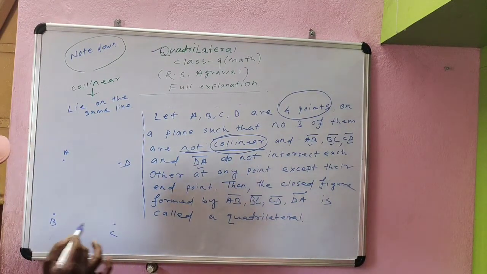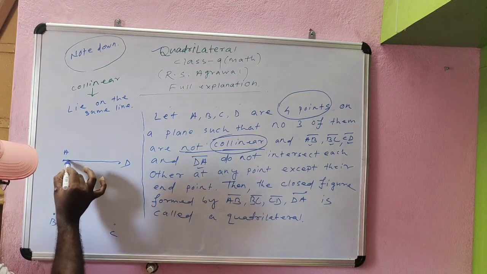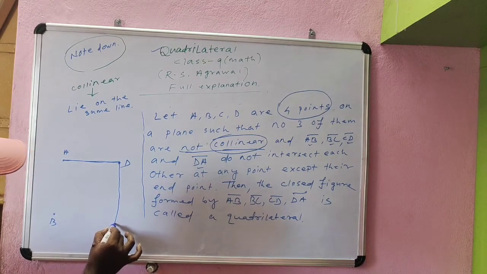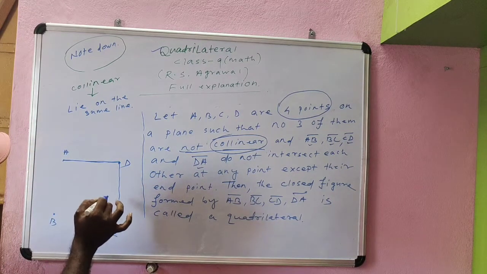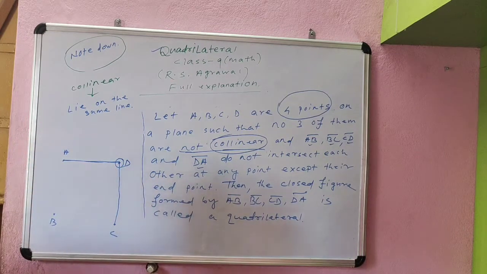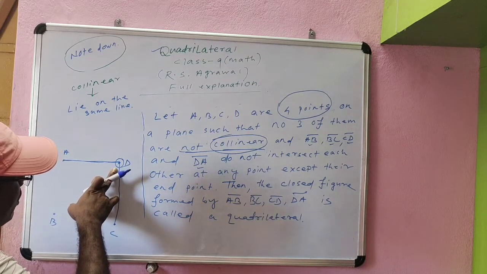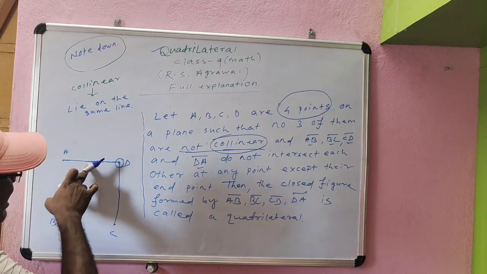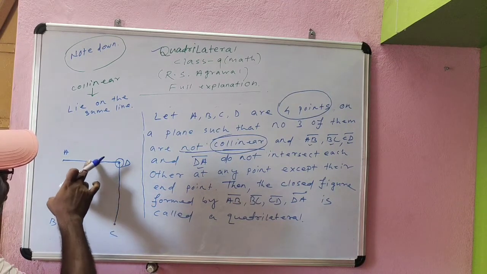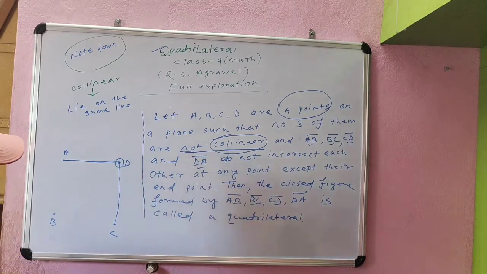If you mark these two line segments, then you see that they intersect at their end point. Except this end point, these two line segments do not intersect at any other point.